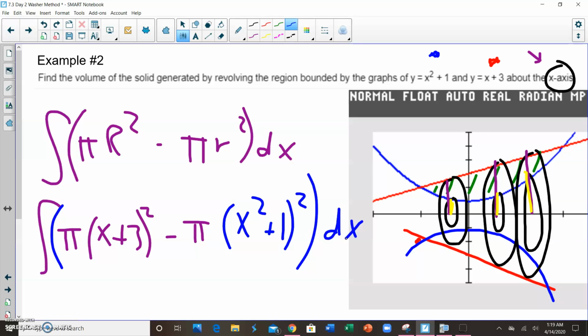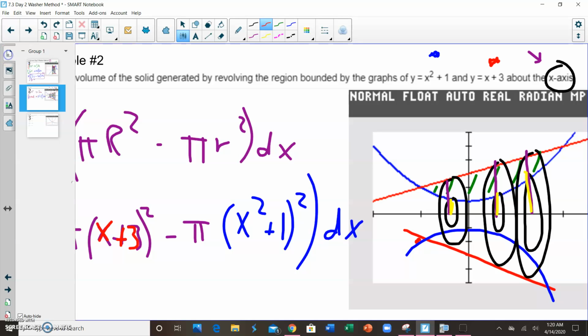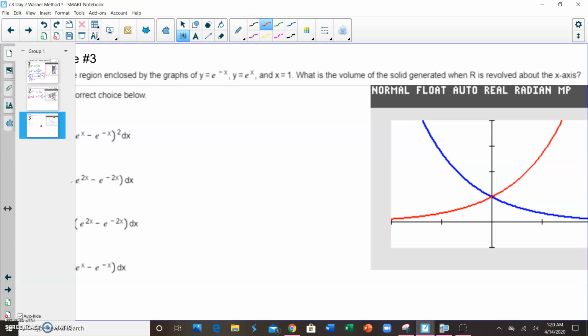So if you wanted to, you can stop and pause and look at this. I probably should have written this x plus 3 in red, because that is your red equation, but I didn't, now I did. Okay, last one. So the last one is this one right here.